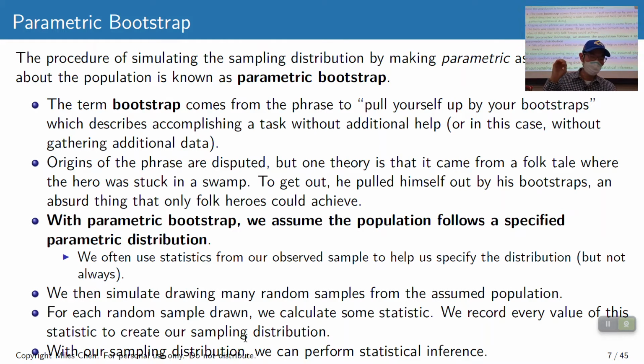So let's say we're going to do some kind of inference about the heights of people. Maybe we'll say that in the United States, the average height of adult women, making up numbers, is 5'4.5" and their standard deviation is 3.1.